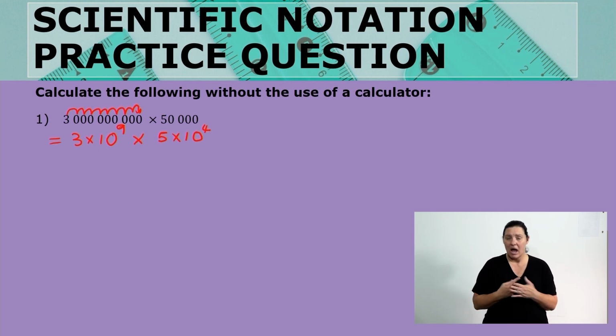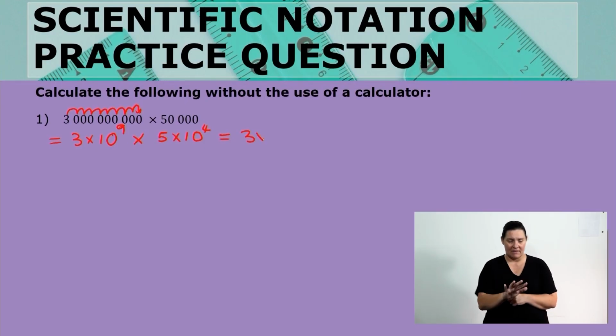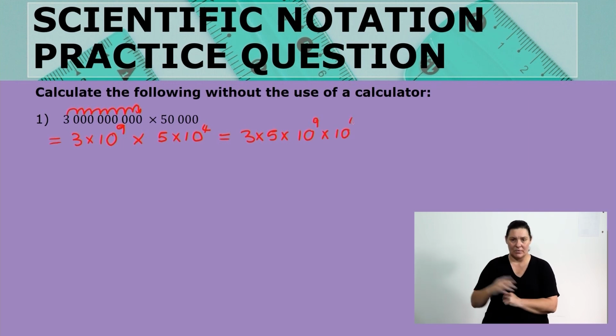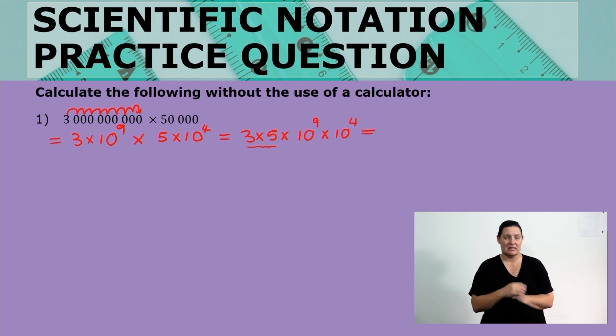Remember, multiplication is commutative, so we can move the numbers around or swap them around. That can become 3 multiplied by 5 multiplied by 10 to the exponent 9 multiplied by 10 to the exponent 4. So we already know that 3 multiplied by 5 is 15.